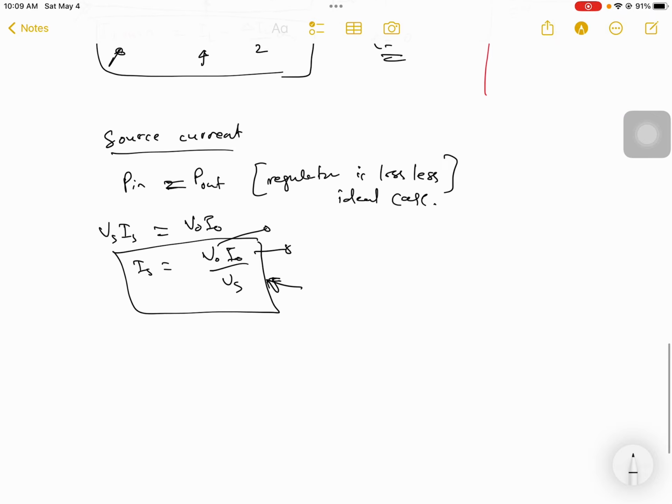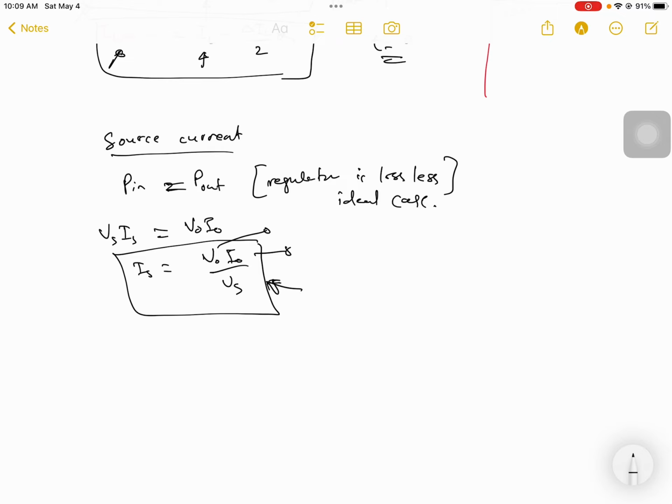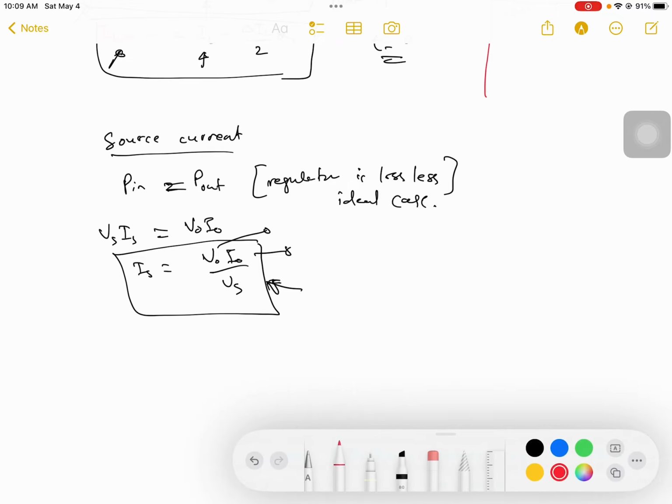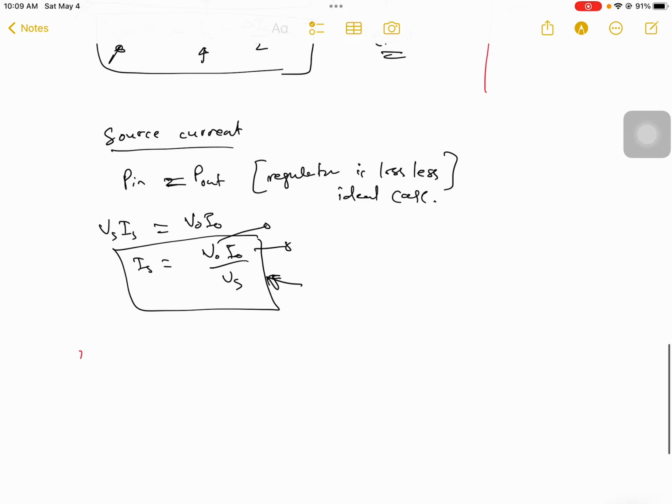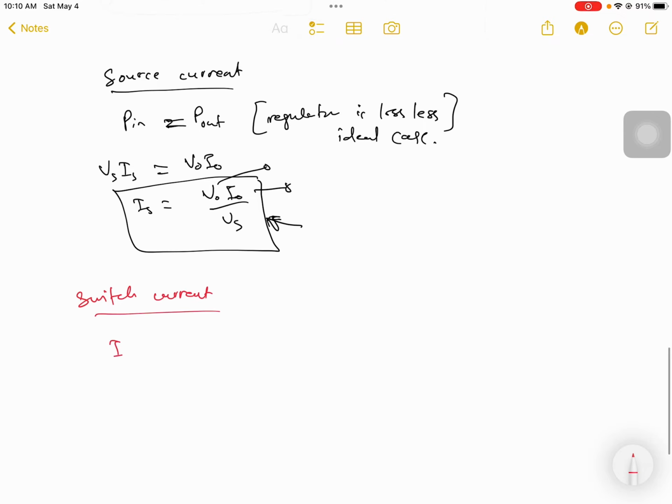And then similarly, we can also calculate the switch current, whatever the current is passing through the switch. This switch current is very important to give the rating of the switch. Let's represent that switch current as ISW.